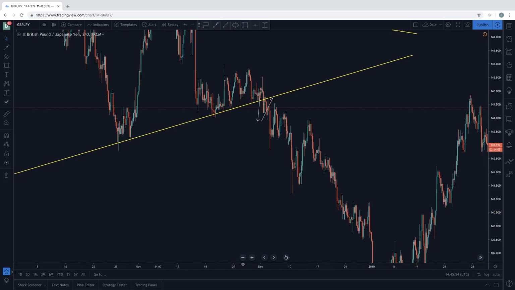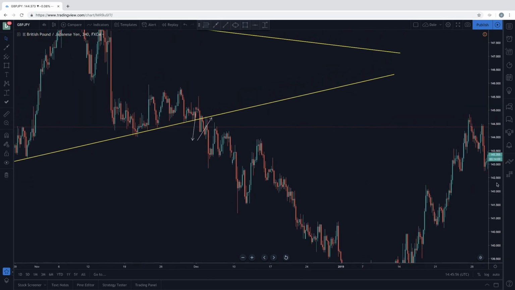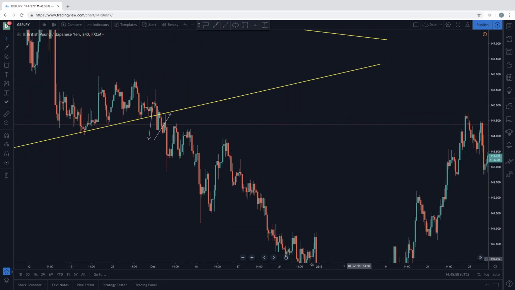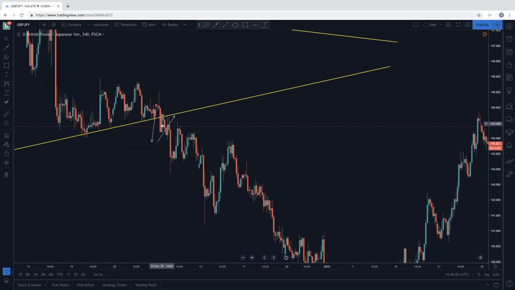Once support's been broken, it then has to be tested as resistance to see if it stands. So once price has come through here, it's no longer a support, it's a resistance trend line. So we'll see price come back up to test this trend line to see if it is resisting.